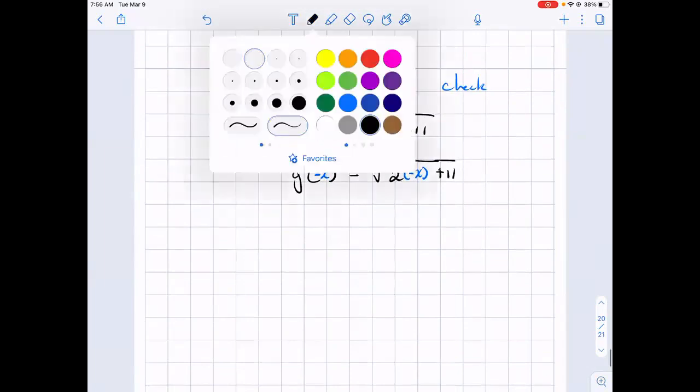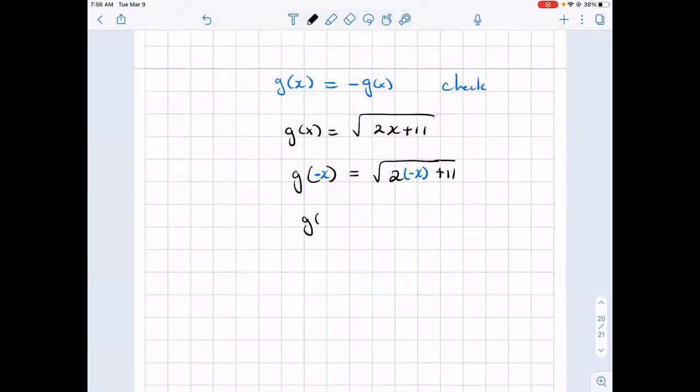If we simplify this, g of minus x is equal to the square root of minus 2x plus 11. And notice that this is not the same as that.